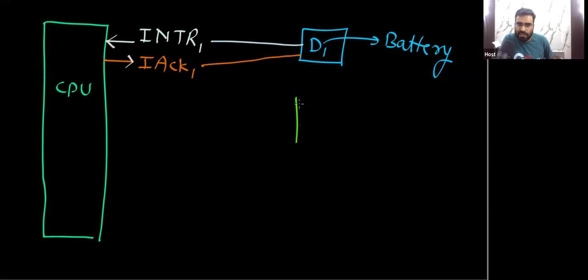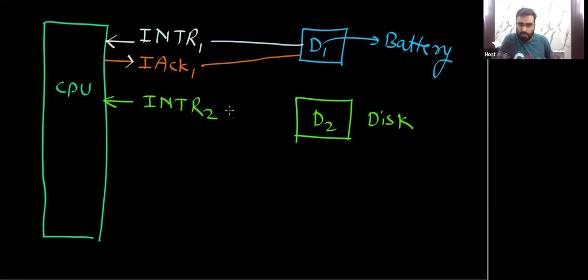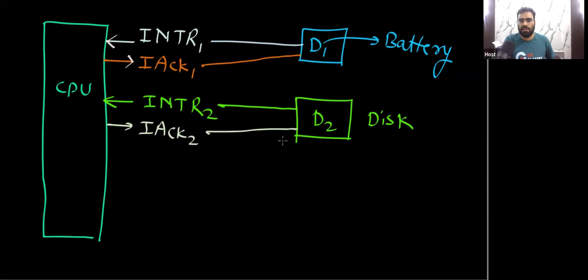For the next device, maybe D2, that is disk, there is also a dedicated pin for interrupt request INTR2. This is a dedicated request pin for device D2, and there is an acknowledgement pin also, a dedicated pin on the CPU for the disk.